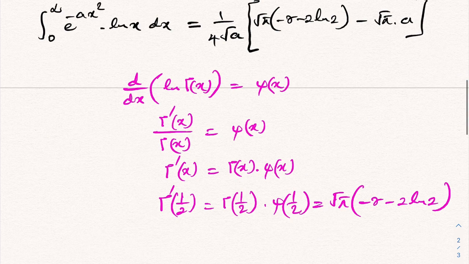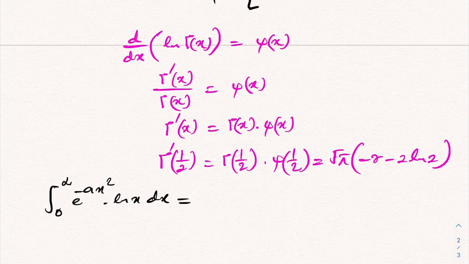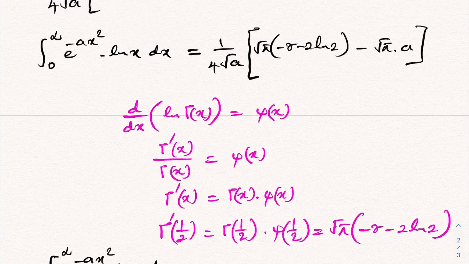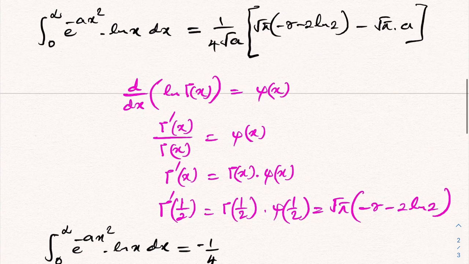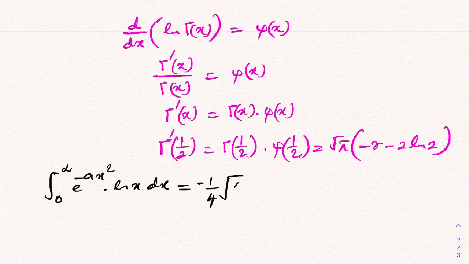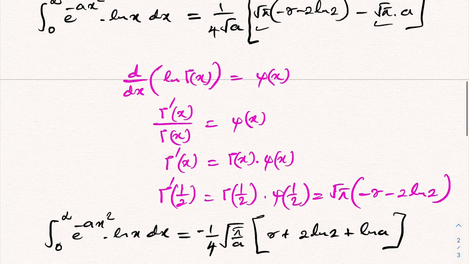Then we can write our integral from 0 to infinity of e^(-a x^2) times natural log of x dx is equal to, here we can take the minus sign as a factor, so minus 1 over 4 times, here square root of pi also a common factor, so square root of pi over a times, now we have gamma plus 2 times natural log of 2 plus natural log of a.